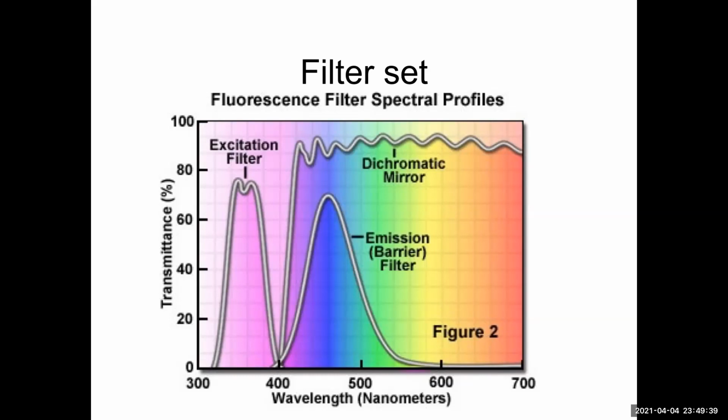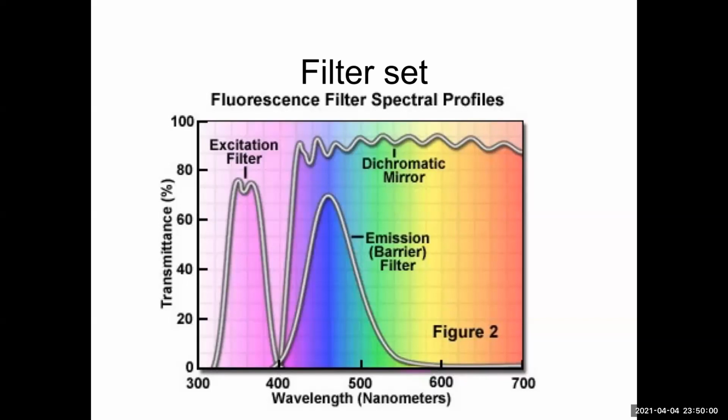So the excitation filter in this particular case is going to only transmit light from 300 to 400 nanometers. And then you're looking at the barrier filter or the emission filter, which is going to transmit light beyond that up to about 550.